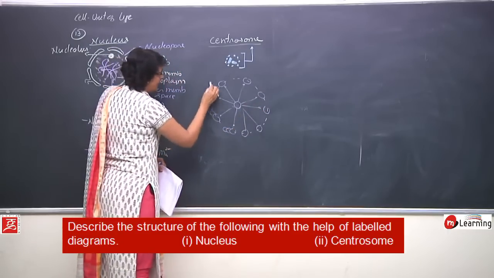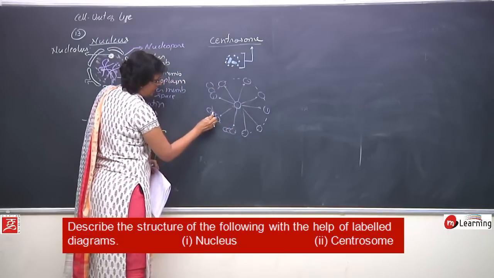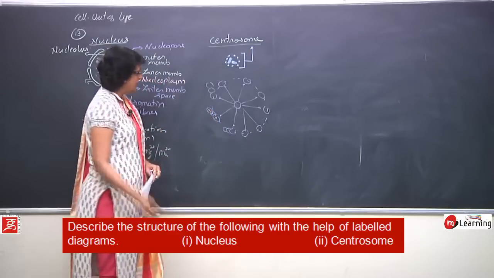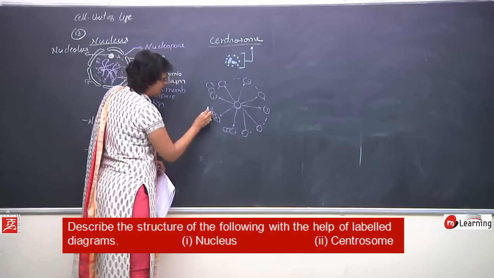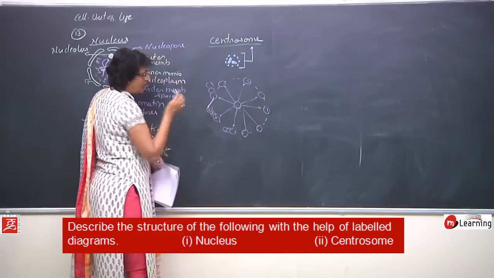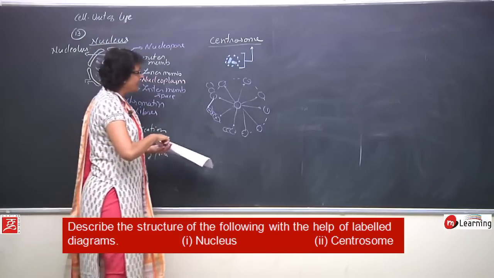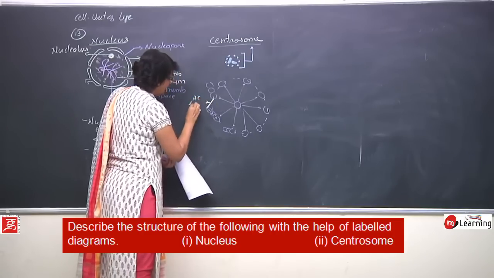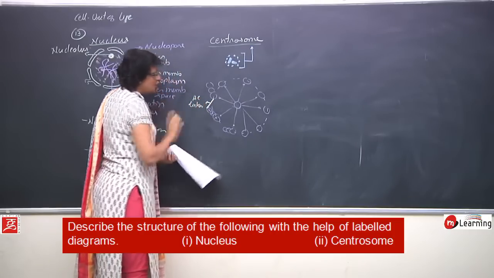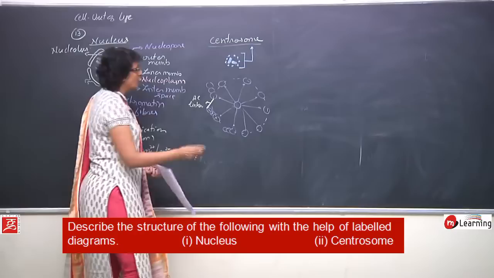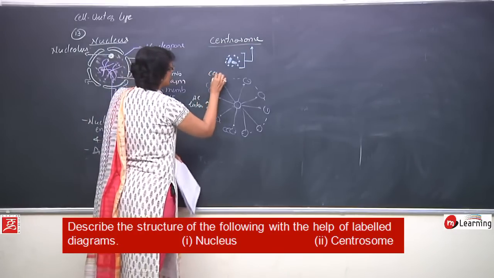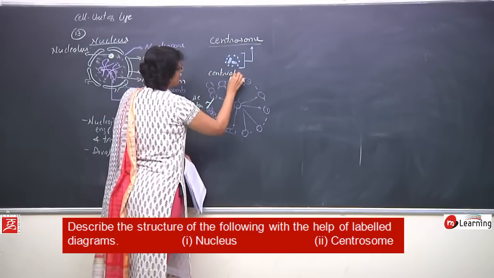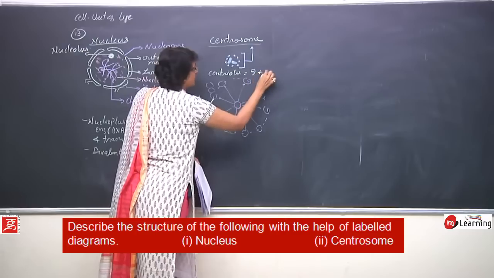The triplets are labeled A, B and C. C of every triplet is connected with A of the other with the help of AC linkers. So the arrangement of microtubules in centrioles is 9 plus 0.